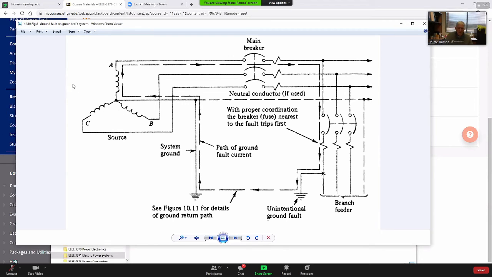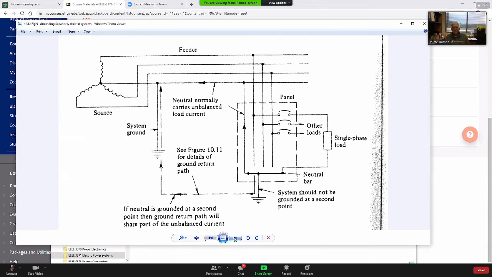Look, we have the system of conductors in the source, and the neutral is grounded right here.